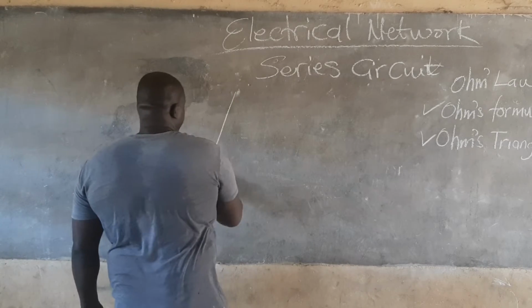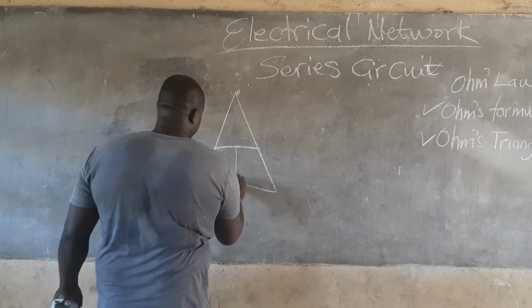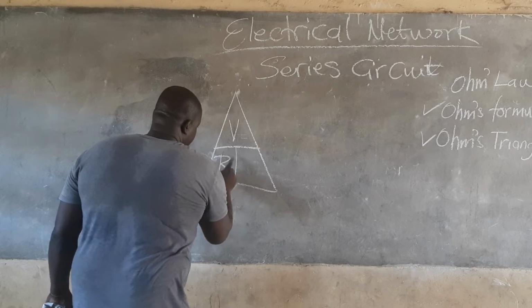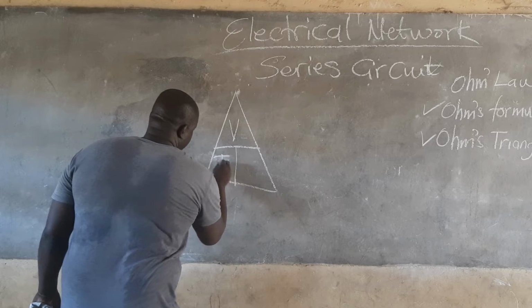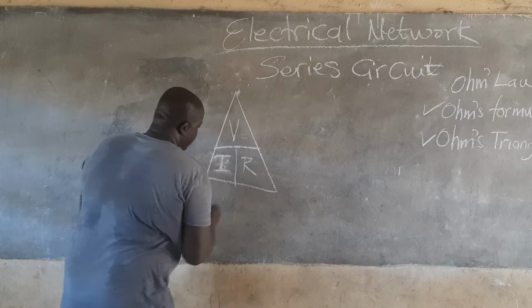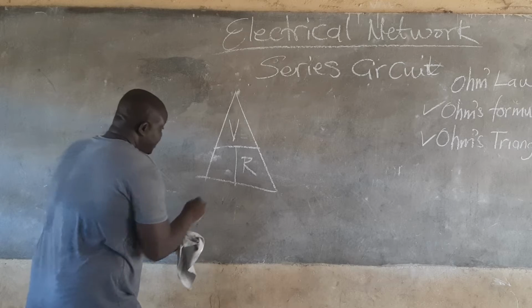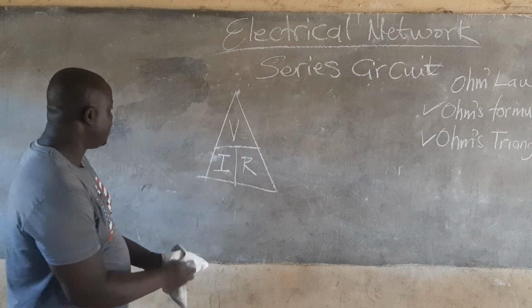So this is the Ohm's triangle, and this is the V, and this is R, or let me say I, and R. Let me clean it so that you can see it. Let me rewrite it again. So this one is I.